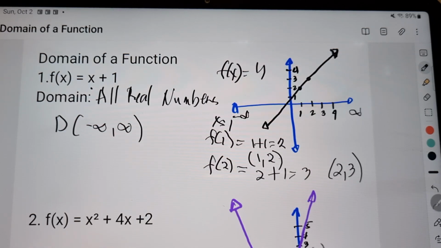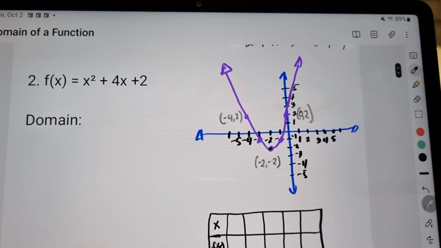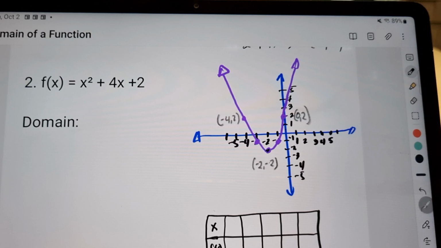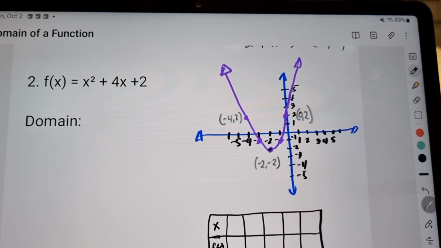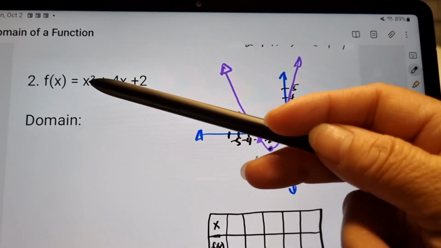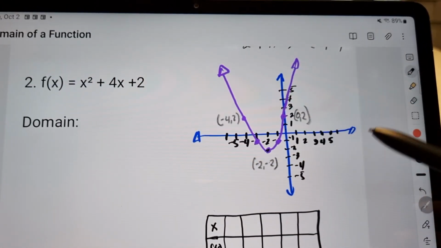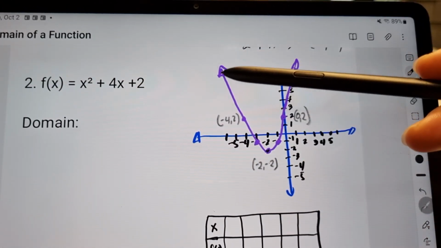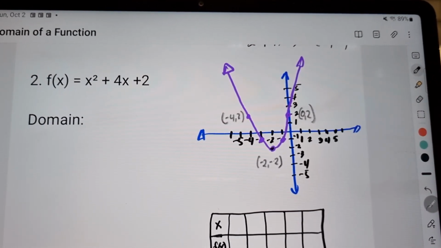Okay? Now, look at number 2. f of x is equal to x squared plus 4x plus 2, and this is a quadratic function. Why? Because the degree, or the highest exponent here, is 2. And this is the graph of a quadratic function. It's a parabola.